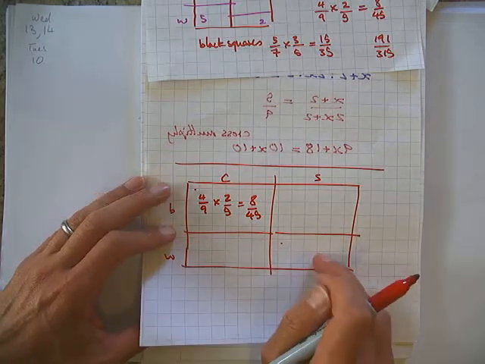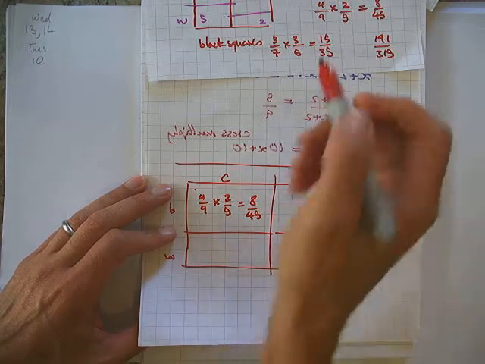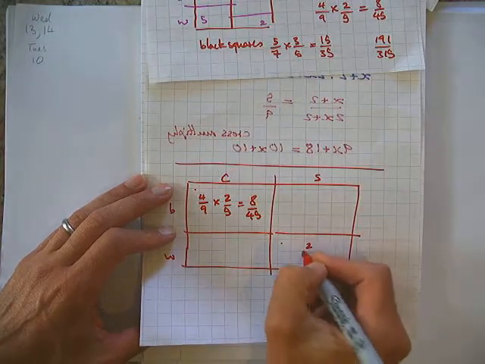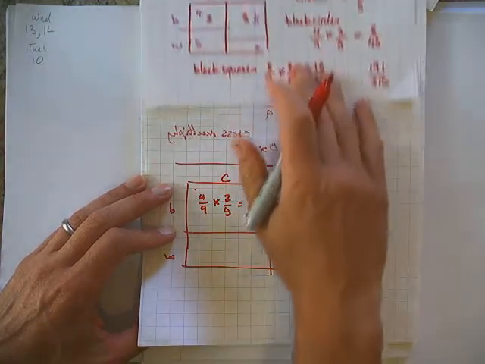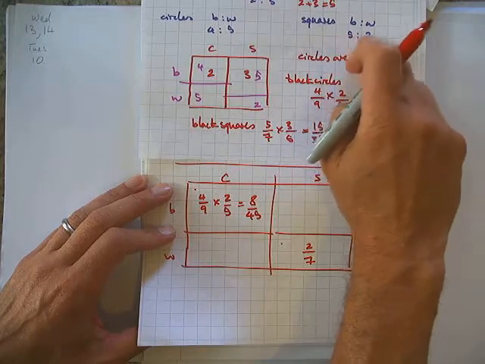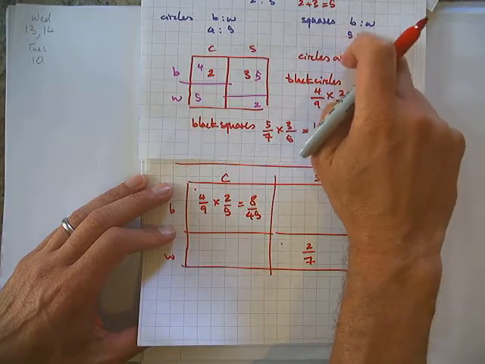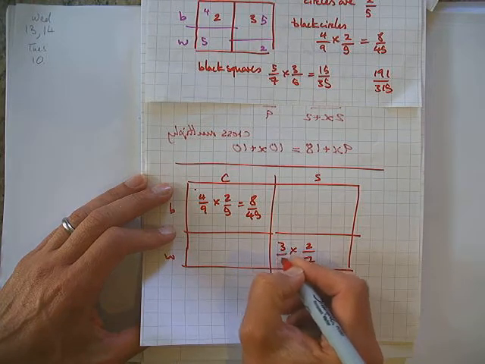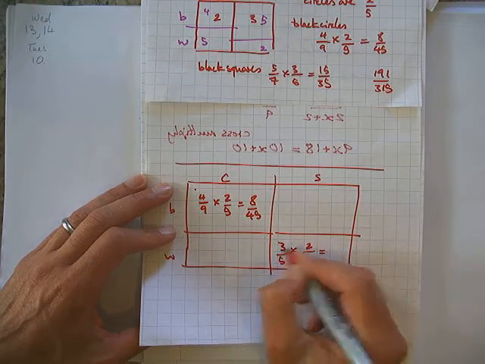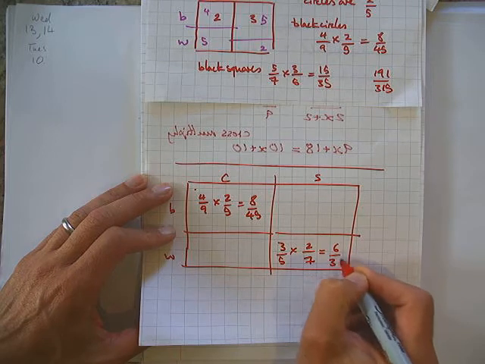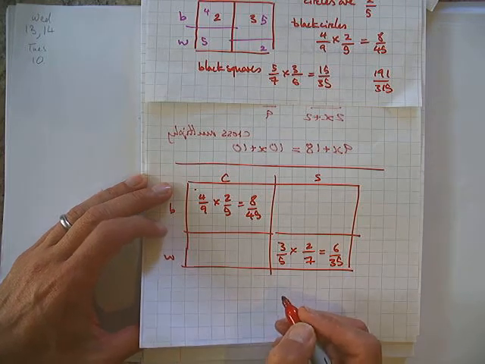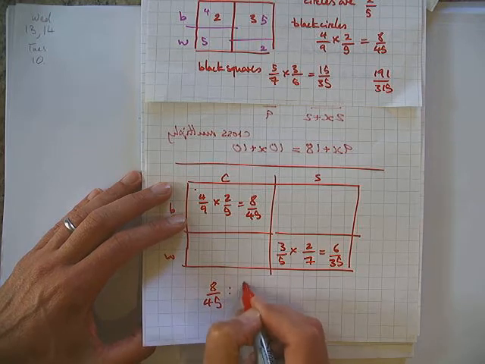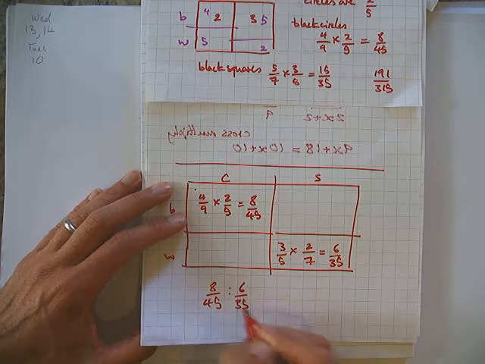The white squares are 2/7 of the squares, which is 3/5, which is 6/35. Black circles to white squares, so 8/45 to 6/35.